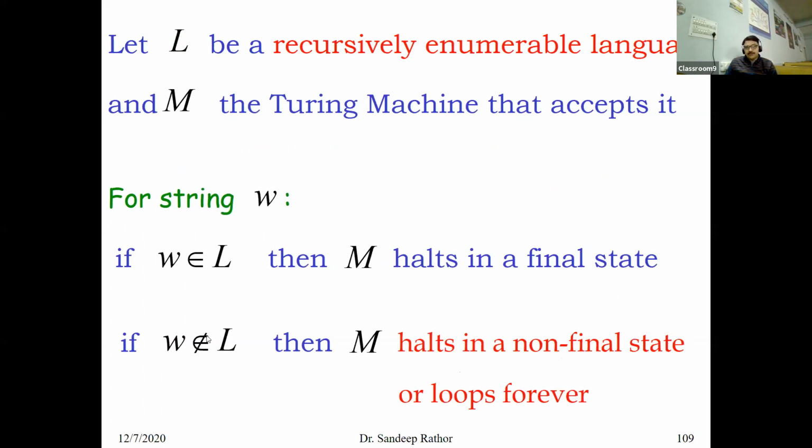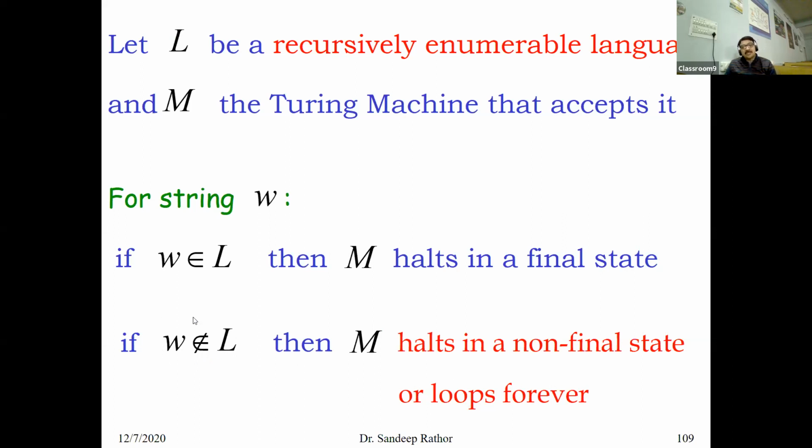Now the important point is, if L is recursively enumerable and M is the Turing machine, then for a string W, if W belongs to L, then M halts in a final state. If W does not belong to L, then M halts in a non-final state or loops forever. So this is the important part here.